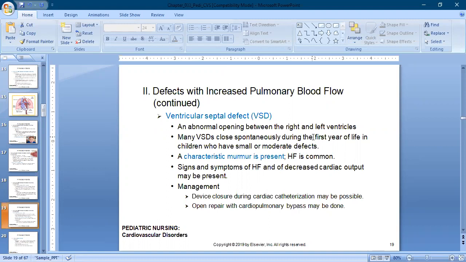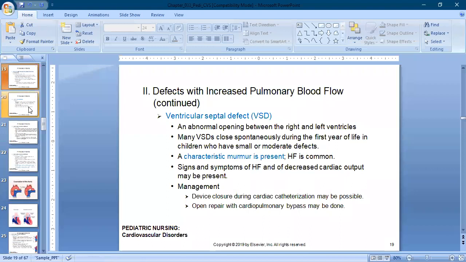If the patient has it, we can get a characteristic murmur, and this is called a loud, harsh murmur. Also, signs and symptoms of heart failure are present, and the treatment option is closing during cardiac catheterization. What next?